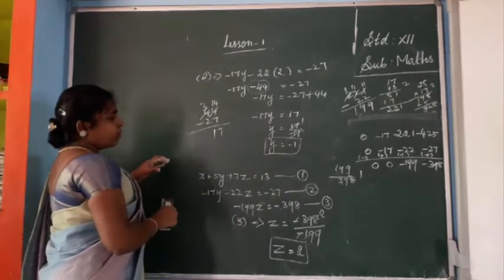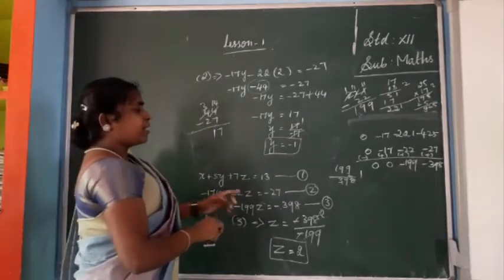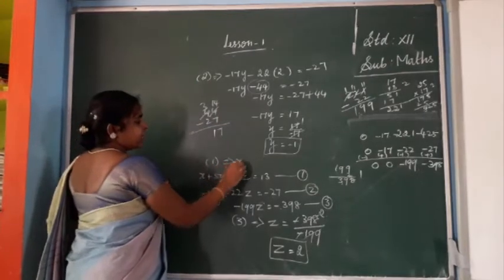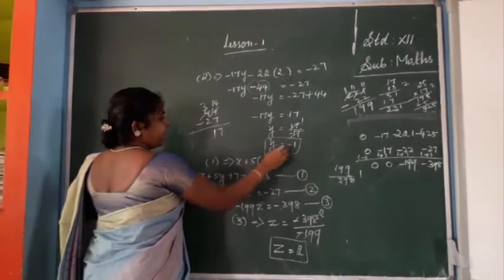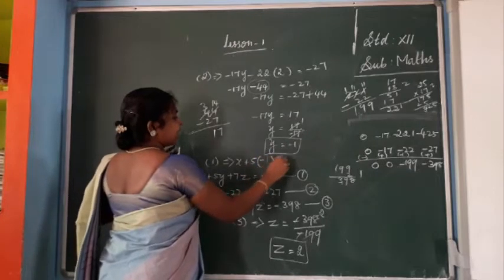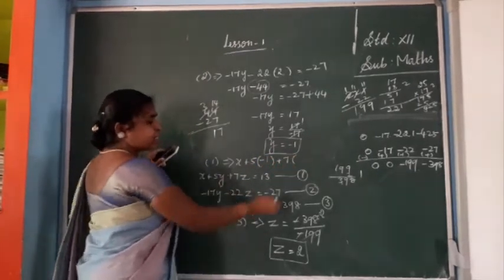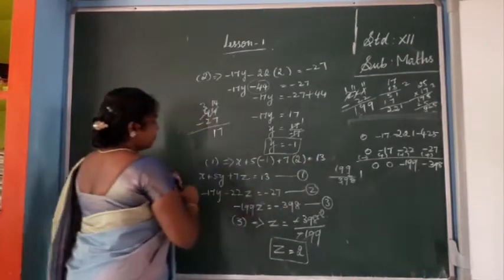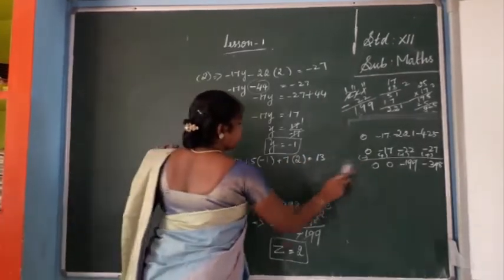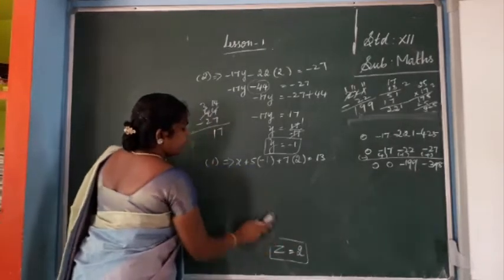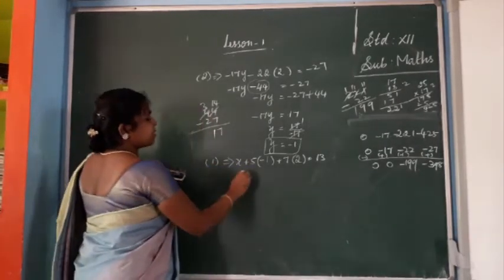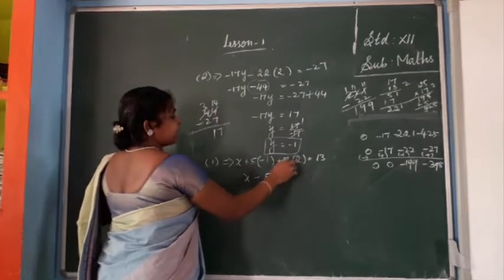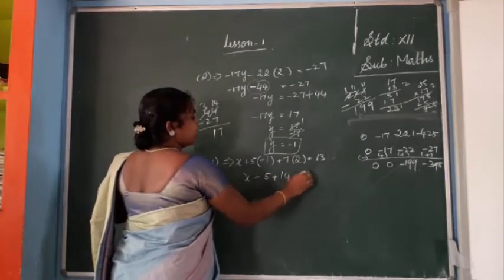Next, substitute y and z in equation 1. The first equation is x unknown plus 5 into y. The y value is minus 1, plus 7 into z. The z value is 2. So equal to 13. x plus 5 into minus 1 is minus 5, plus 7 2s are 14, equal to 13.